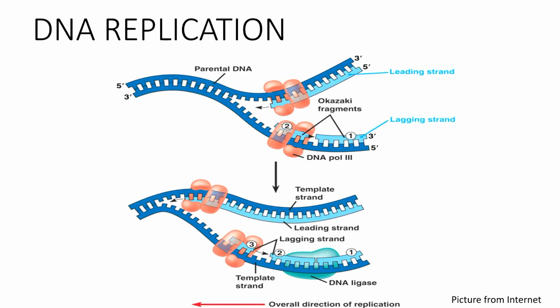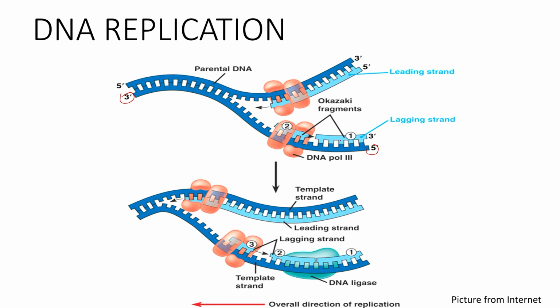This DNA replicates. As it is a double-stranded structure, one strand is 5 prime to 3 prime, and the other strand is 3 prime to 5 prime. So these two strands are anti-parallel and they replicate. The direction of replication is always 5 prime to 3 prime.